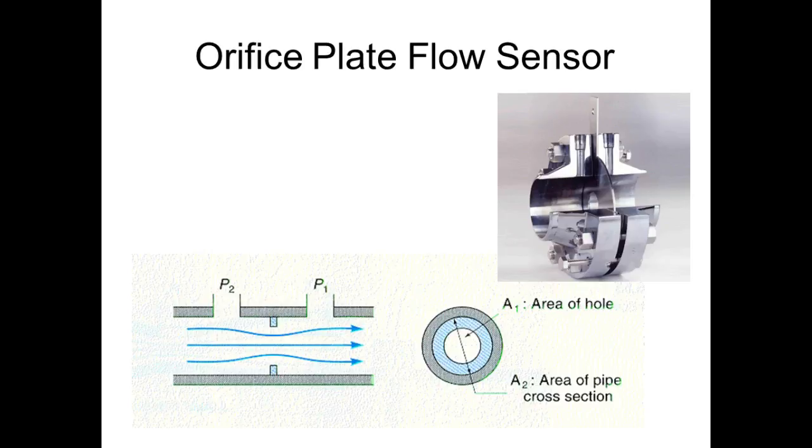You understand that? So we deliberately created a resistance or an opposition. Then we have a tap on each side, and all we have to do is get the differential between this pressure and that pressure. So I could run this into a differential pressure sensor like the diaphragm that we looked at.